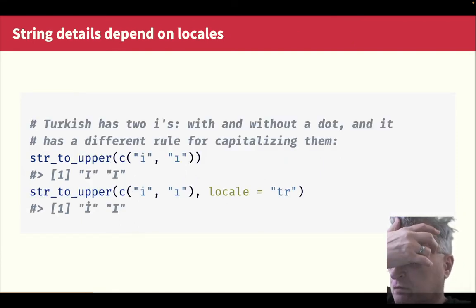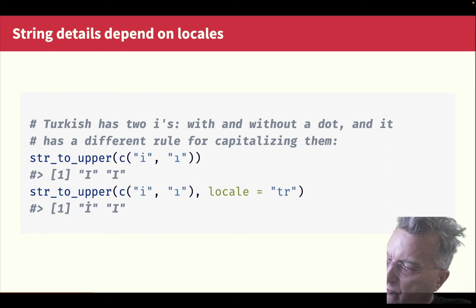We talked briefly about locales before, so every computer, at least on Linux and Mac, and I believe on Windows as well, has a concept of a locale that it's in. So my locale, for example, is EN_US, which means the English language in the US.